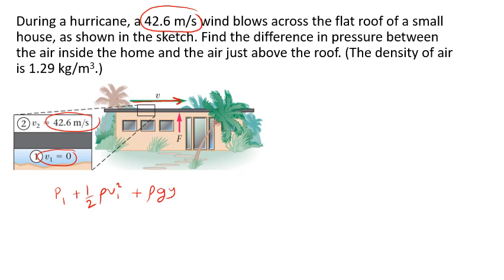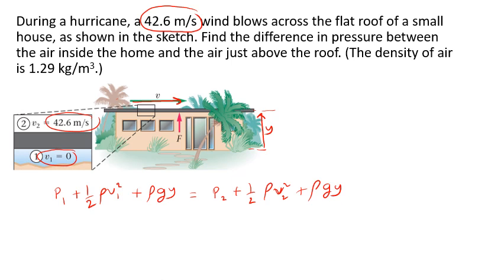Let's say the height from the ground is y. Here I'm considering this level, and let's say this height is y from the ground level, and this equals the second part. So it will be P2 plus 1/2 rho V2 squared plus rho g y.